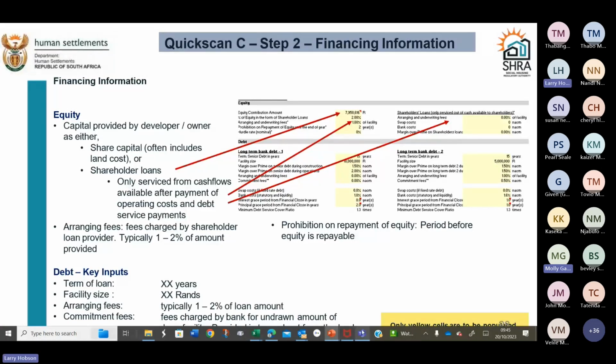There's an interest grace period. If there is an interest grace period or not, the 1.3 debt service cover is obviously been entered in. And then if you've got a second form of bank debt, you would enter the same in the other column.